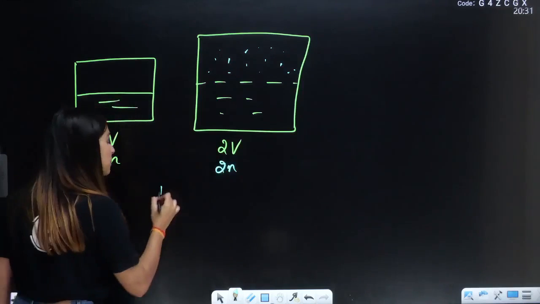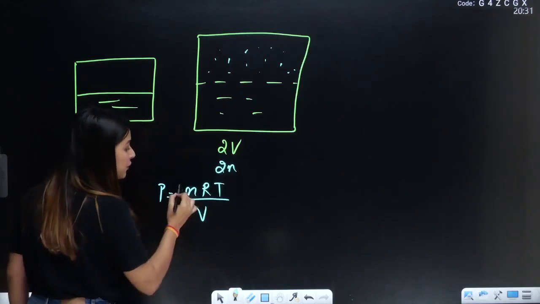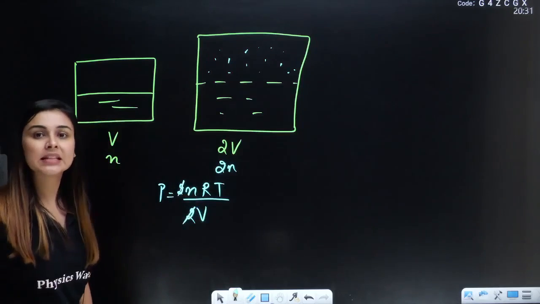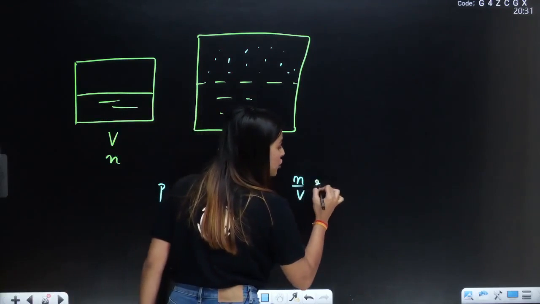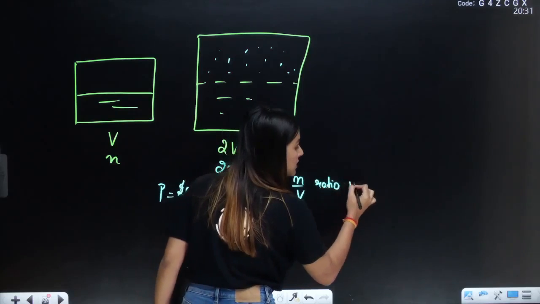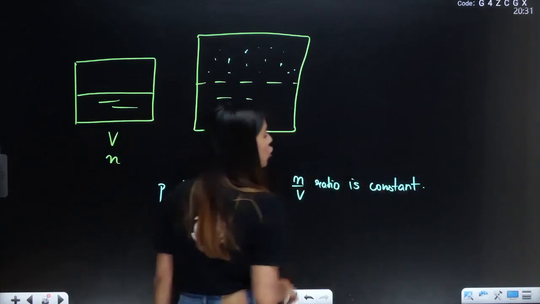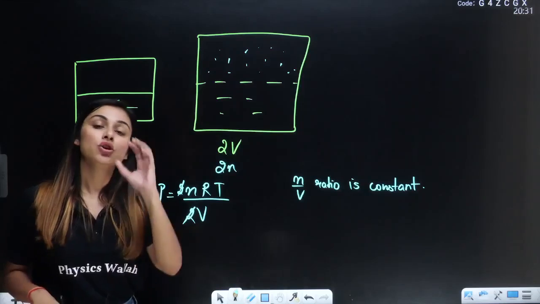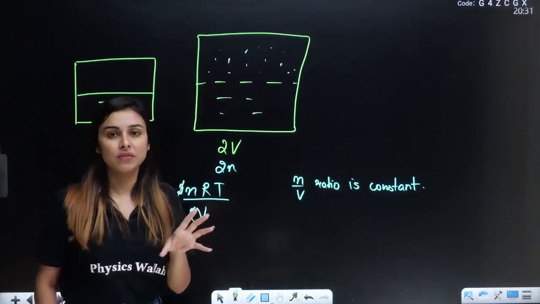And we know that P is equal to nRT by V. If this is 2 and this is 2, it will be cancelled by 2. This means that the n by V ratio is always constant, and that is the reason your vapor pressure is independent of volume and moles of gas.